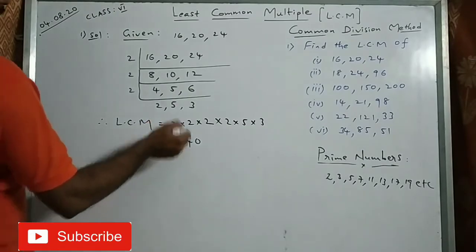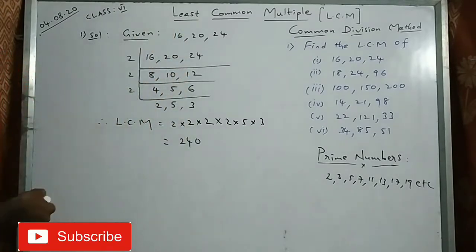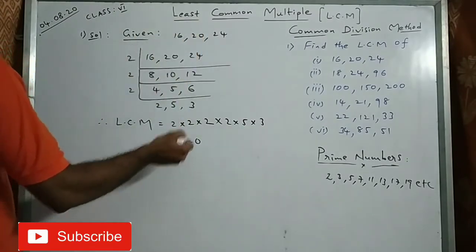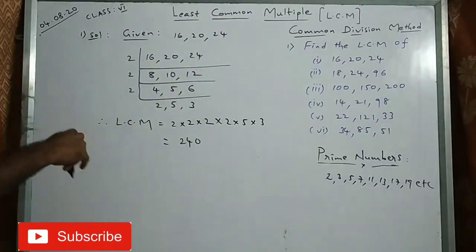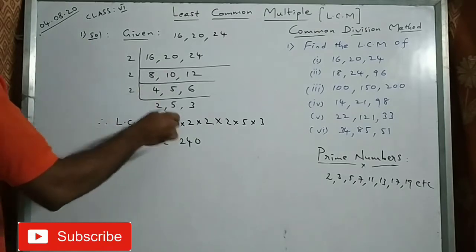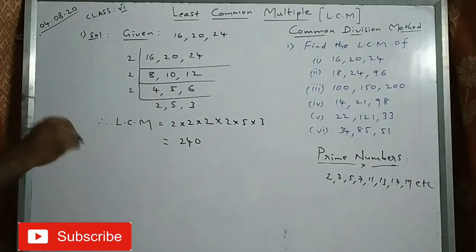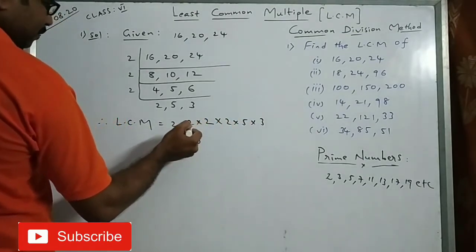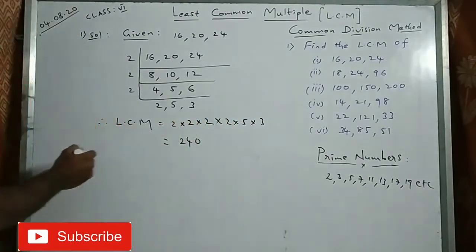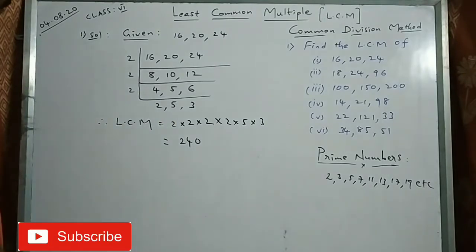So 240 is a multiple of 16, a multiple of 20 and a multiple of 24. Among all the common multiples, this is the least one. Therefore LCM of the given numbers is 240. Okay, that is the method of finding.